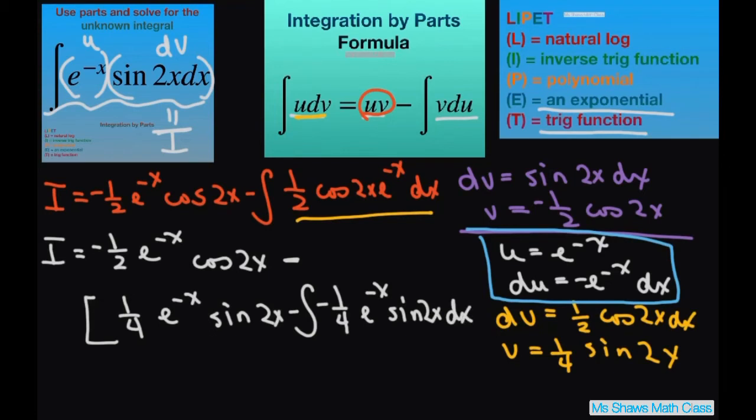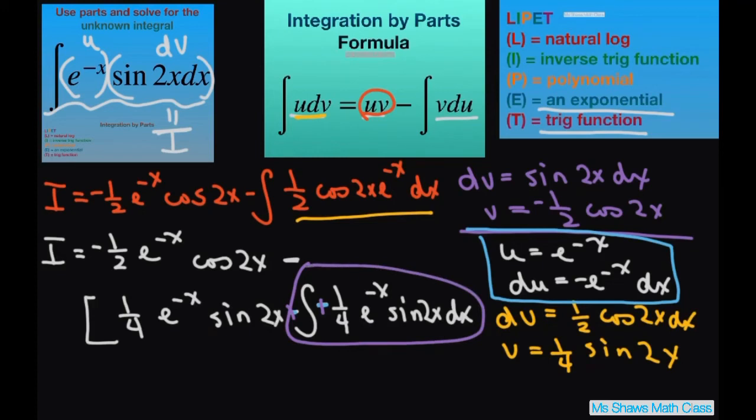Now, the next step I'm going to take is I see these two negatives, so I'm going to make it a positive here. So this is going to end up being positives.